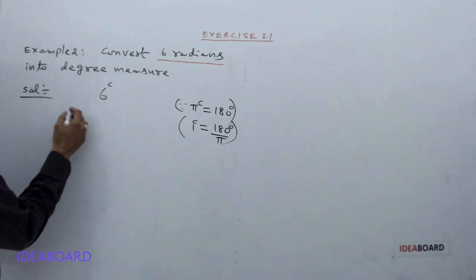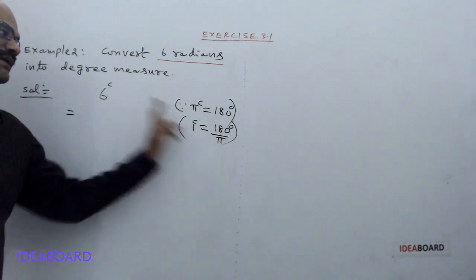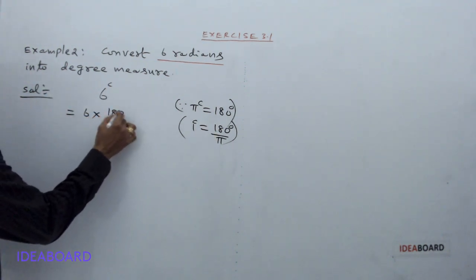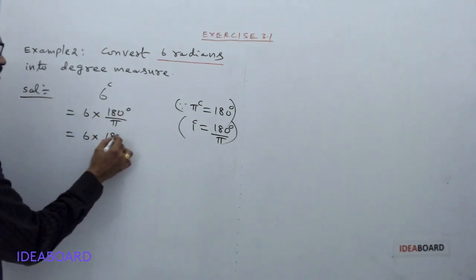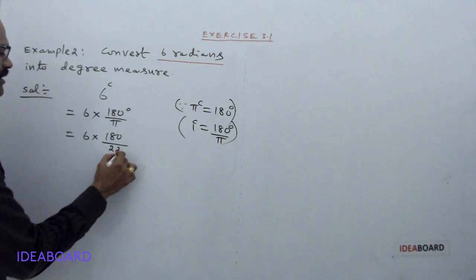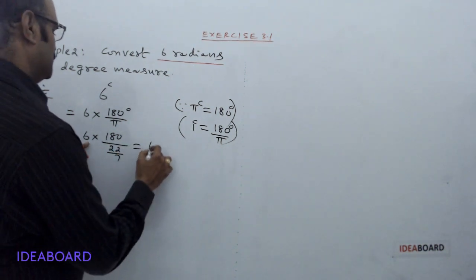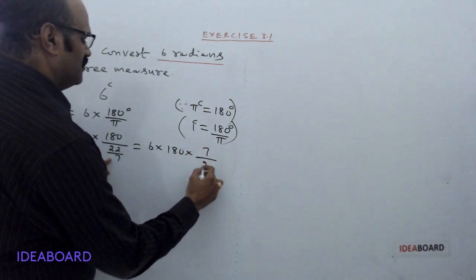So here 6 radians means we have to take 6 into 180 by pi degrees. 6 into 180 by pi degrees, so equal to 6 into 180 by 22 by 7, so equal to 6 into 180 into 7 by 22.